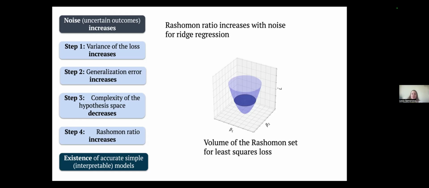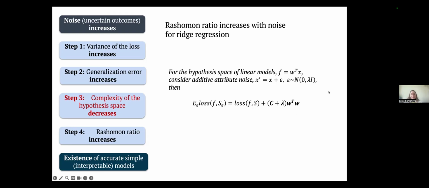Now let's go back to my noisy data generation processes. It is a known fact that for a lot of datasets, for some losses and for some problems, depending on where you inject noise, noise can act as an implicit regularizer, for example with stochastic gradient descent. The same is true for ridge regression as well. I add additive attribute noise, meaning that to my attributes I add some noise epsilon sampled from a normal distribution.